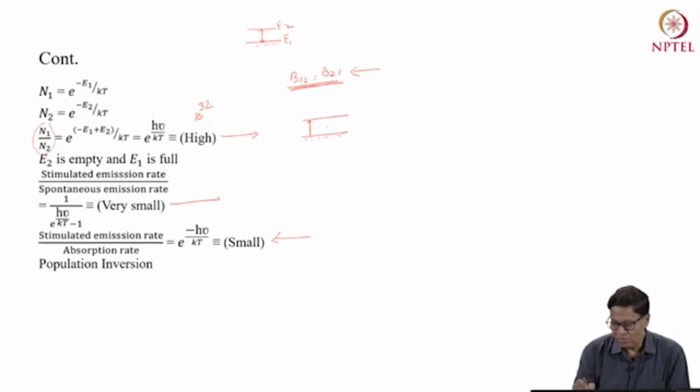And in fact, suppose this is n number of electrons roughly, and you should pump greater than n by 2. Then the stimulated emission will dominate. So what I have essentially done by lifting more than half of the electrons from the ground state to the higher state is population inversion.